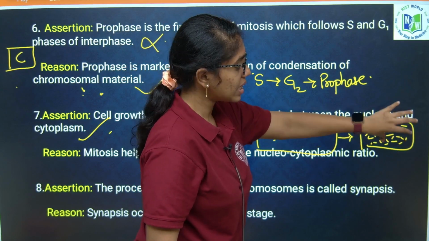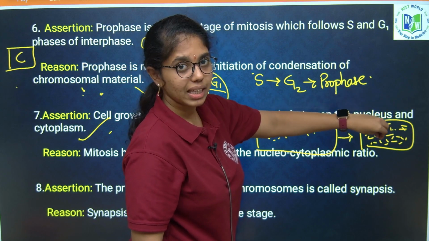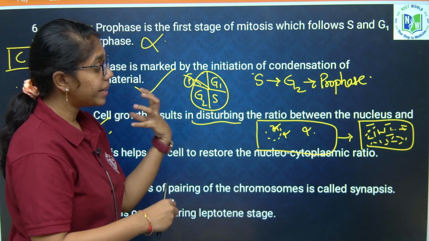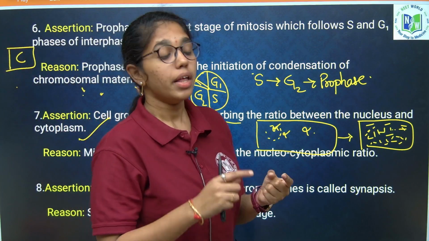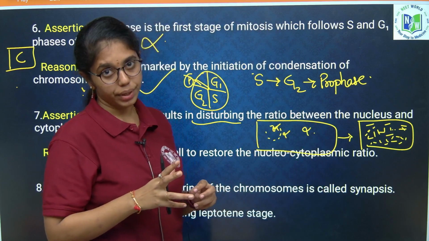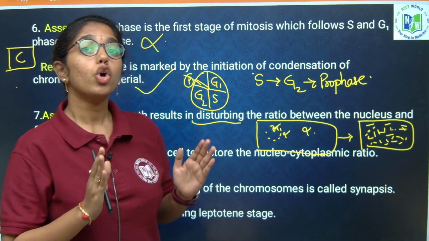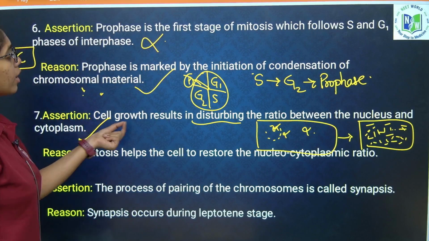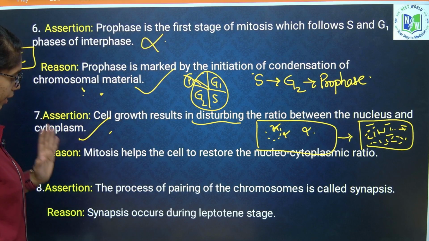Chromosomes can move to the opposite poles in anaphase, and then in telophase, the last step of karyokinesis, the nuclear membrane and nucleolus reappear and the chromosomes uncoil to chromatin material. So cell growth results in disturbing the nucleocytoplasmic ratio, 100% correct.